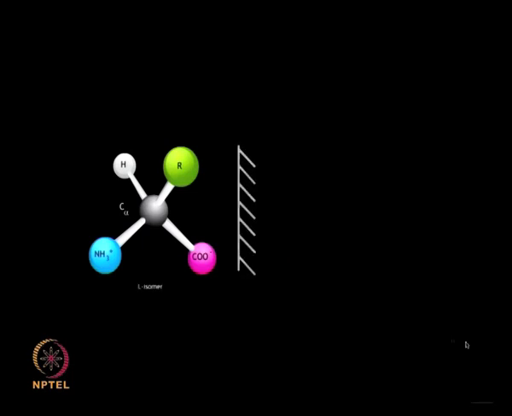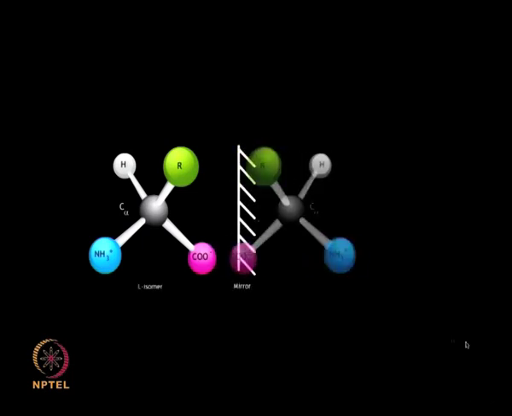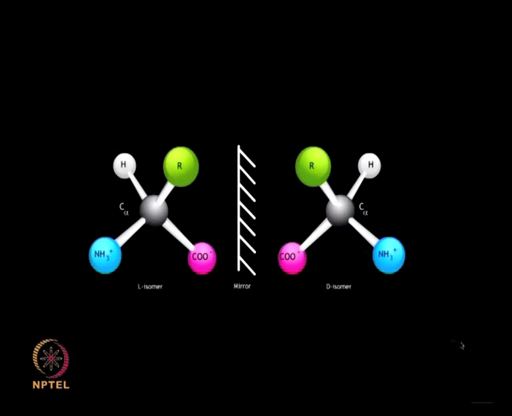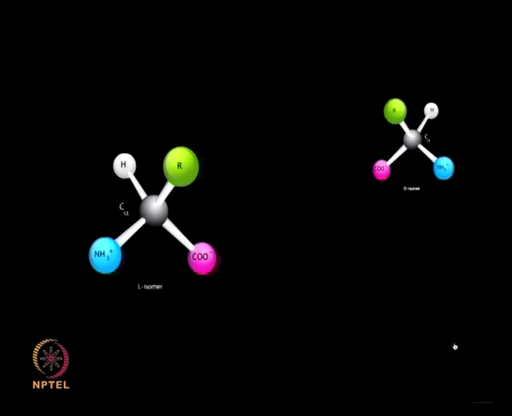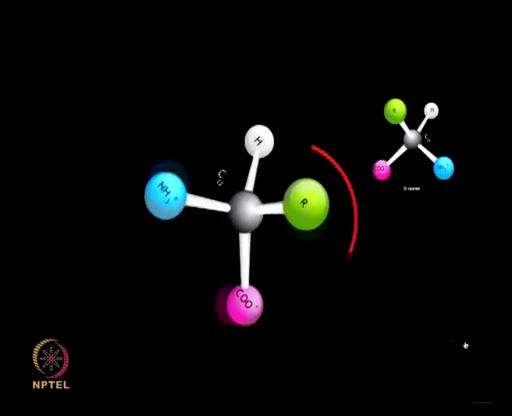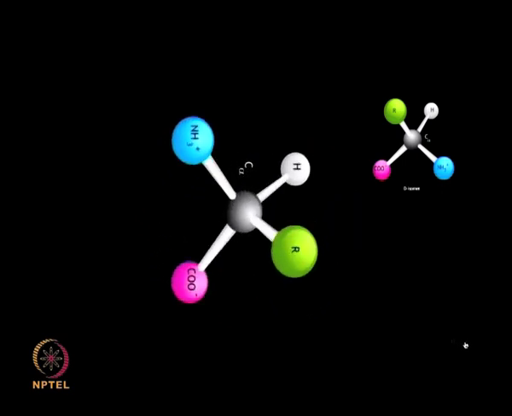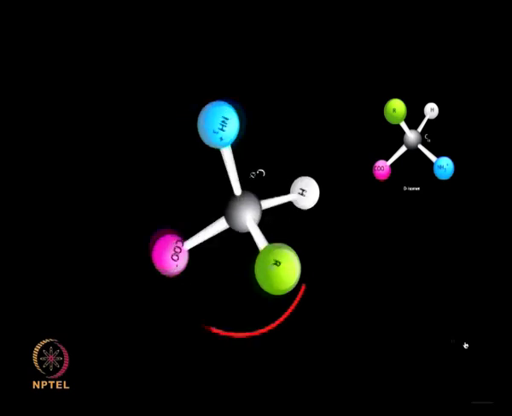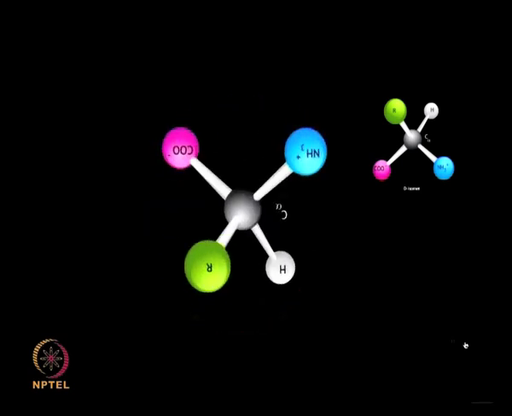The two enantiomers of an amino acid are non-superimposable mirror images due to the spatial arrangement of 4 different groups about the chiral carbon atom. Rotation of either isomer about its central axis will never give rise to the other isomeric structure.